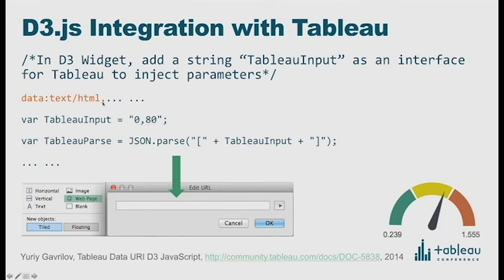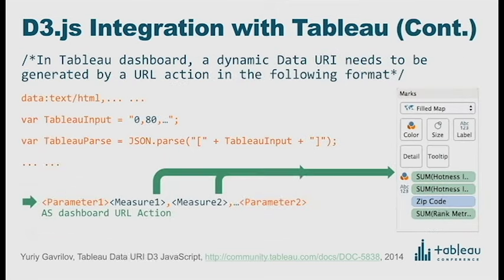Then you treat the whole thing as a single string and use it as a URL to create a new web page widget on your dashboard. And then you will see your beautiful D3 widget show up on your Tableau dashboard.